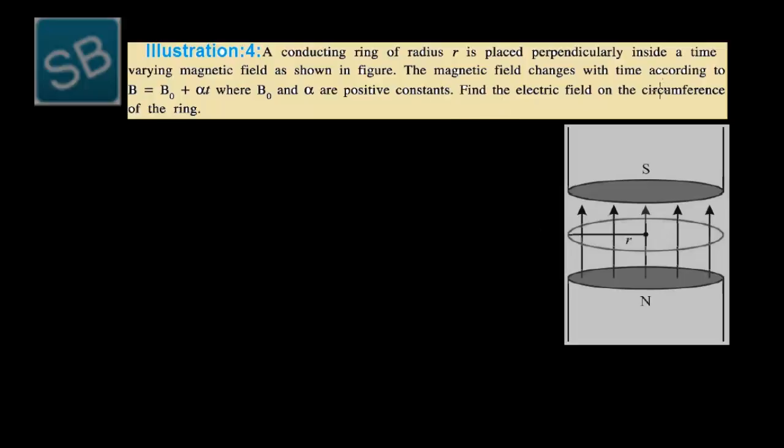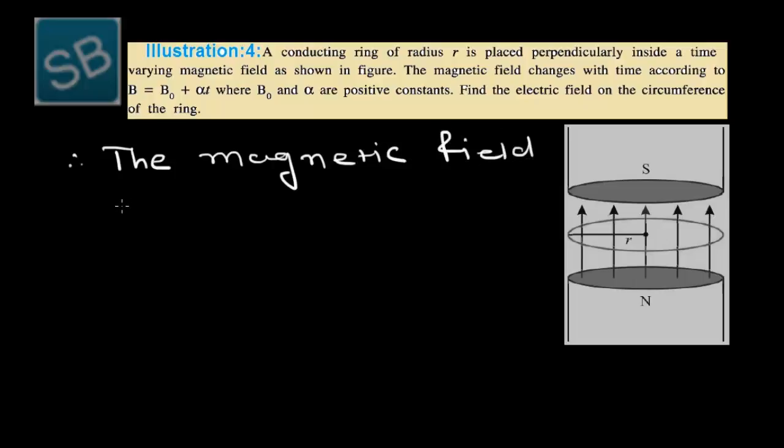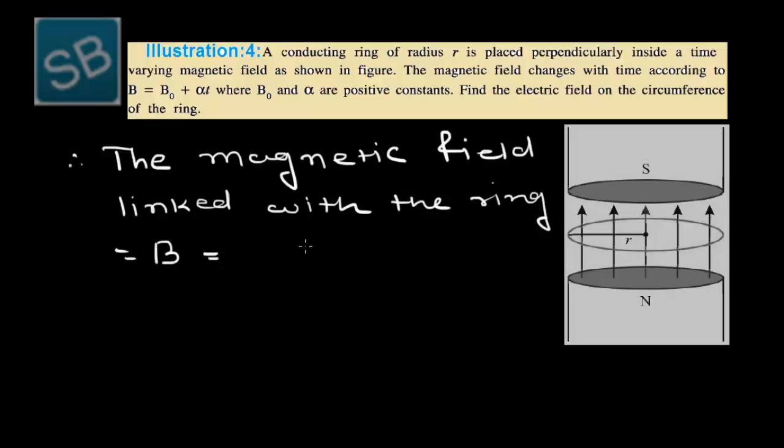The magnetic field changes with time according to, here the magnetic field is given at time t, B is equal to B0 plus alpha t.